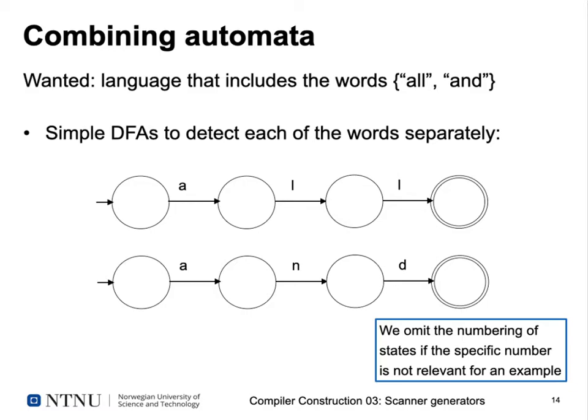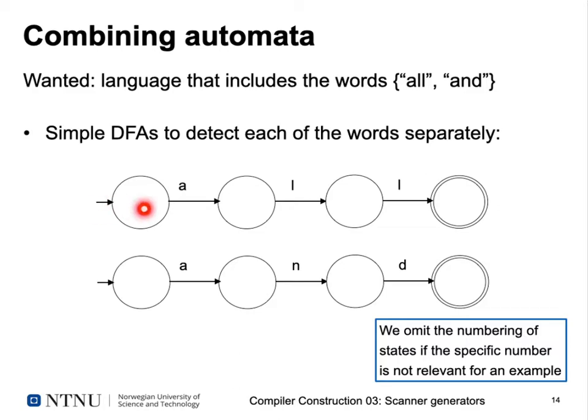So how can we construct automata to recognize more complex languages? Let's look at a simple example. Let's say we want to construct a language that includes the 2 words all and and. So we can build very simple DFAs to detect each of these words separately.